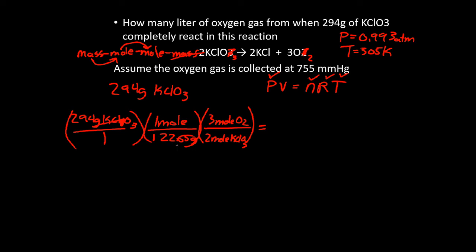So my grams of KClO3 cancel, moles of KClO3 cancel, leaving me with moles of O2. If I do that math, 294 divided by 122.55 times 3 divided by 2, we get 3.60 moles of O2.